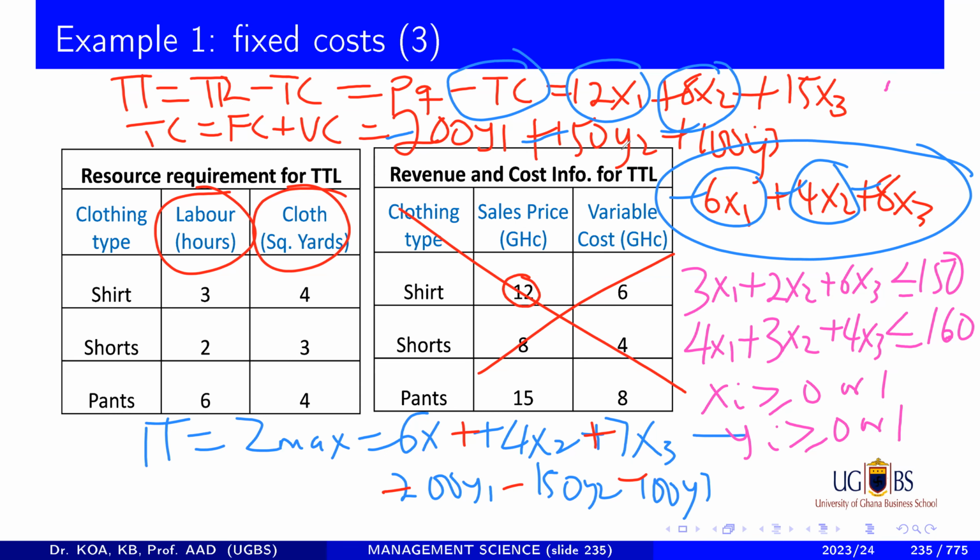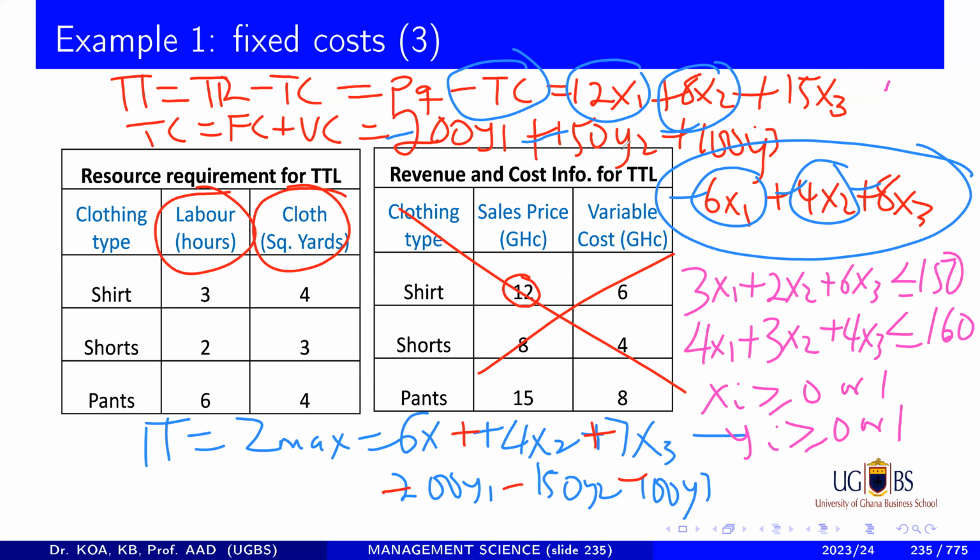You said what shouldn't be there? XI greater than or equal to 0 or 1 shouldn't be there. It should be there as a non-negativity constraint, but not as a binary constraint.